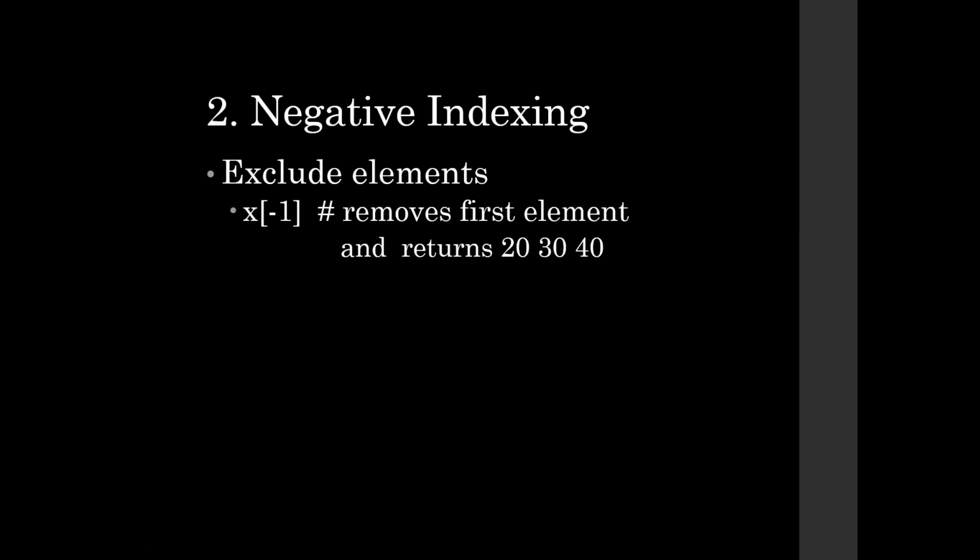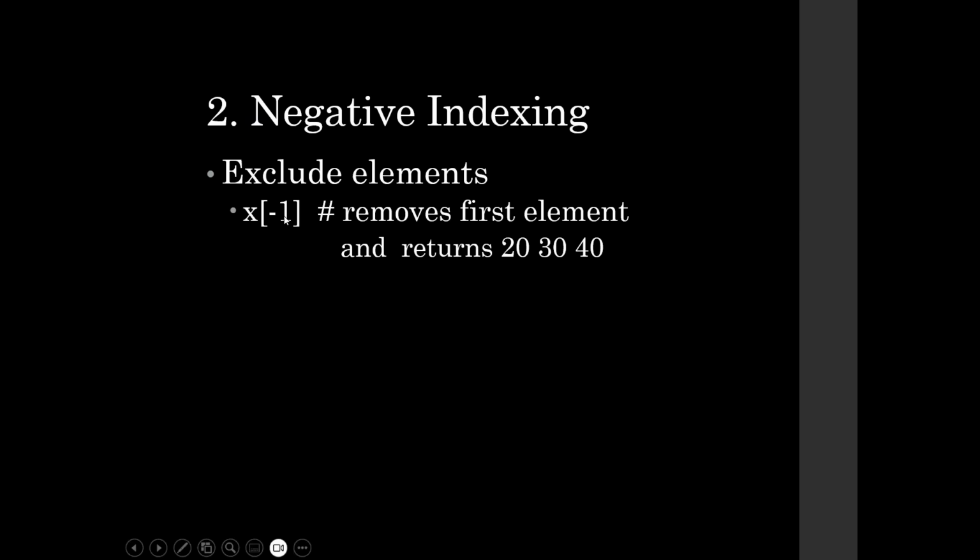Then let's talk about negative indexing. Negative indexing is used to exclude elements. So if you want to remove the first element from the x vector, you use the same syntax where you will use x followed by square brackets, and inside the square brackets, you will write the negative of the index that you want to exclude.